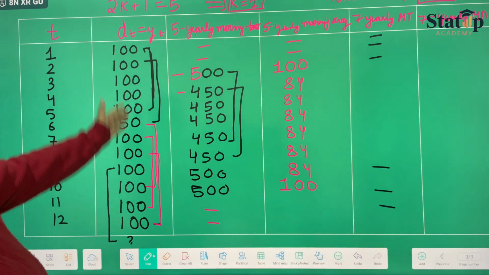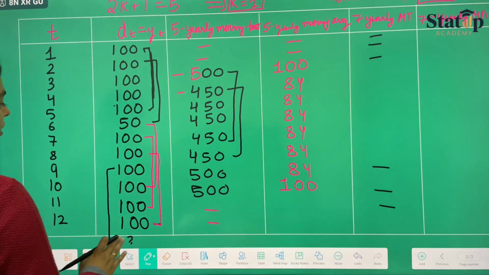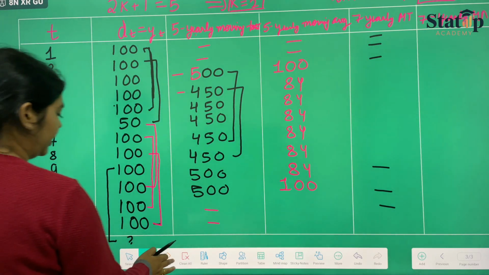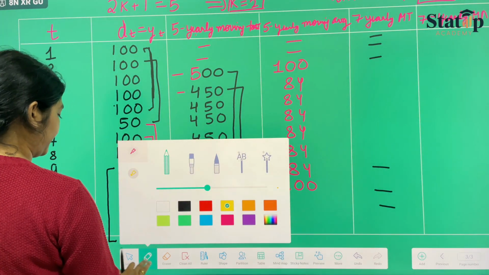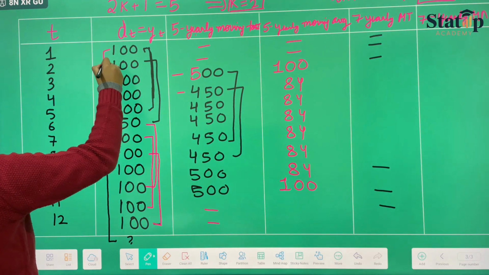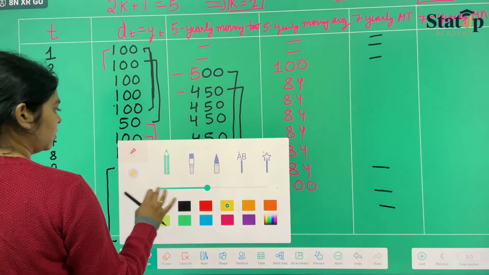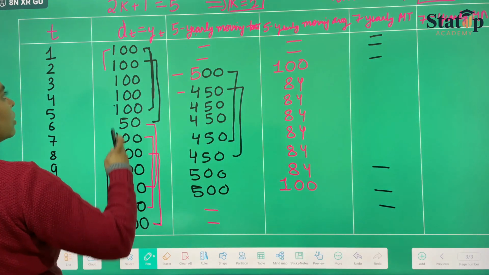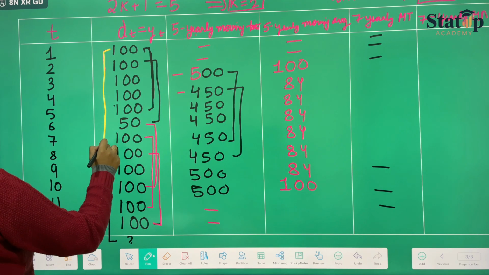And we'll take the total of 7 terms. So here we were taking the total of 5 terms. Now we'll take the total of 7 terms. 7 terms would be 1 2 3 4 5 6 7.